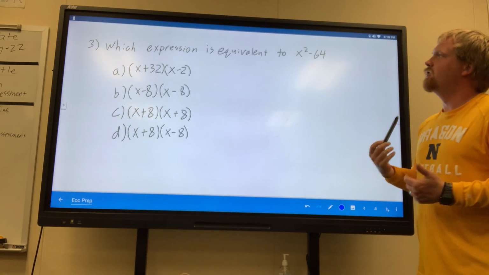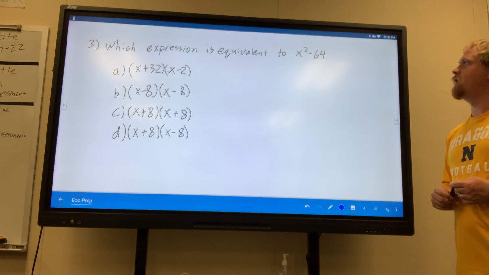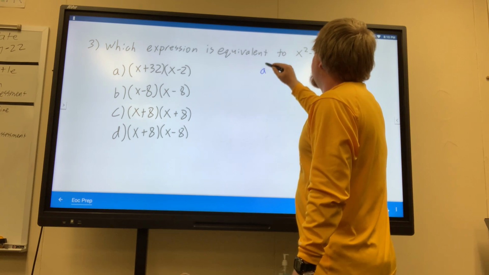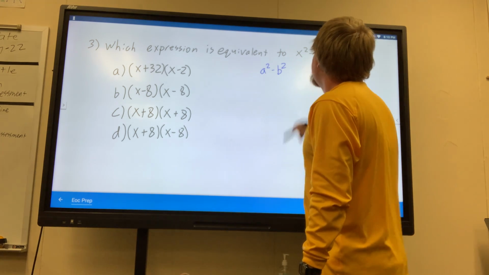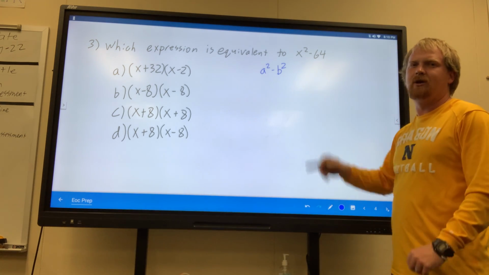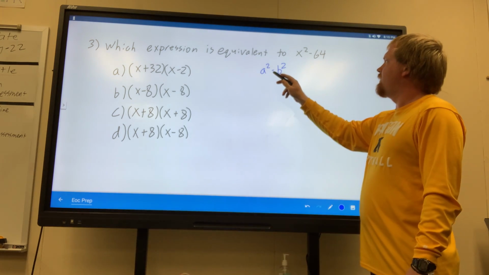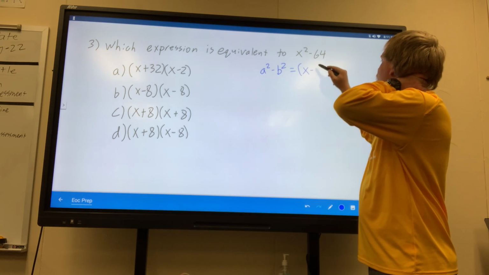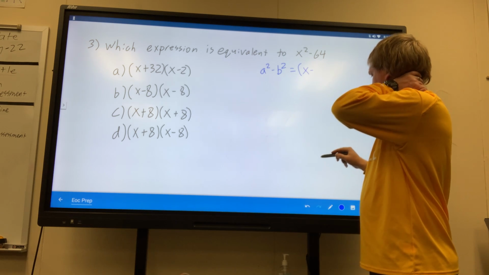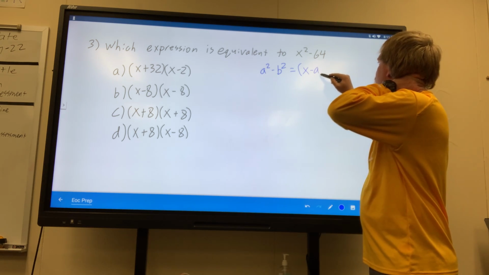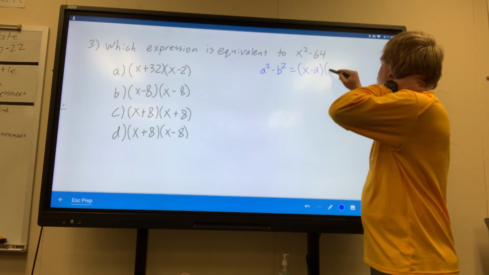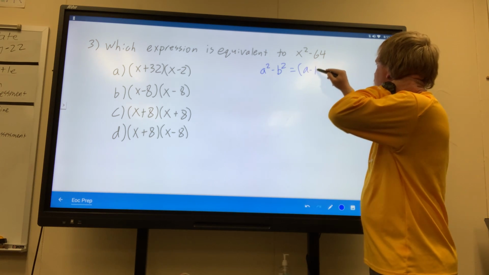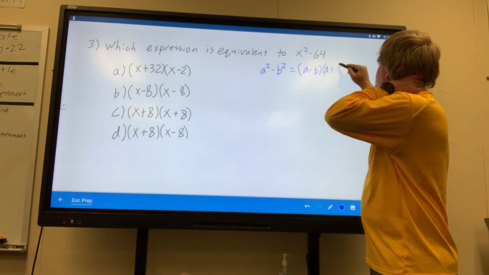And then lastly, which expression is equivalent to x squared minus 64? Now, here's what we mean. Imagine this is a perfect square, which it is, by the way. A squared minus b squared is actually going to equal a minus b and a plus b.